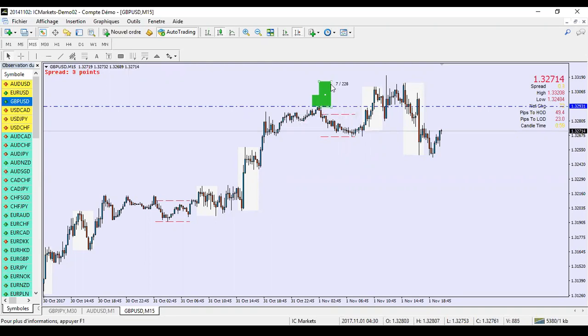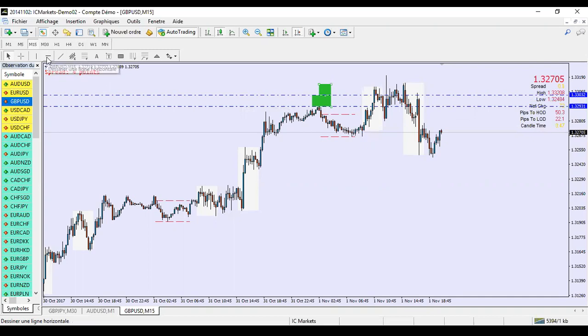For both pools, I place a zone and a line, and I see what rejection the price makes around those pools. If there is a rejection, it means the trend is going the other way for the day.